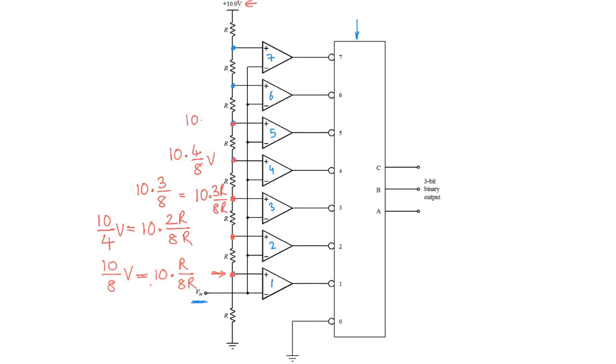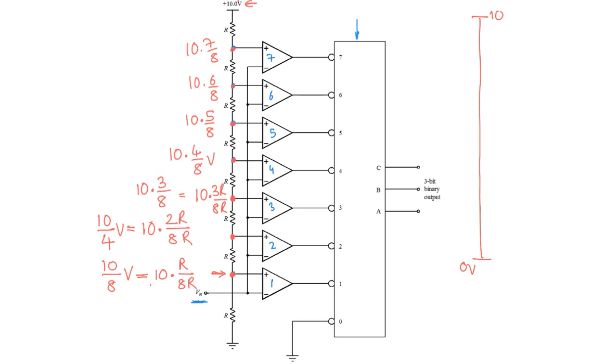This is going to be 10 times 5 over 8 volts, 10 times 6 over 8 volts, 10 times 7 over 8 volts. So basically what we have done using this resistor network is take the scale from 0 volts to 10 volts and divide it into 8 parts.